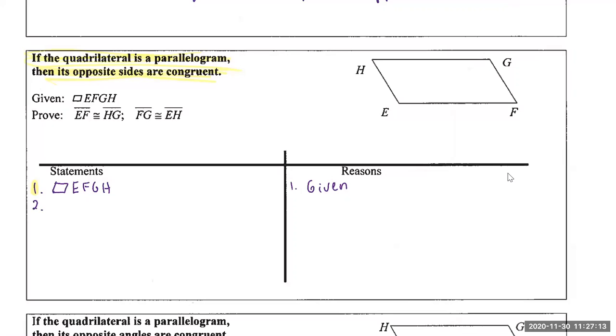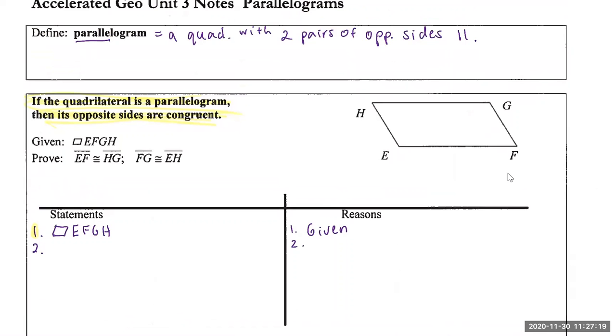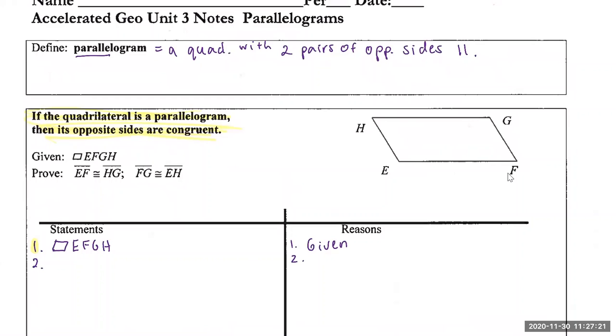Okay, statement two usually falls in line with if you're given that the shape is a parallelogram, what is it that you can conclude by definition? So by definition of parallelogram, because that's the only possible thing you can do at this point from that given statement, you know that the opposite sides are parallel to each other.